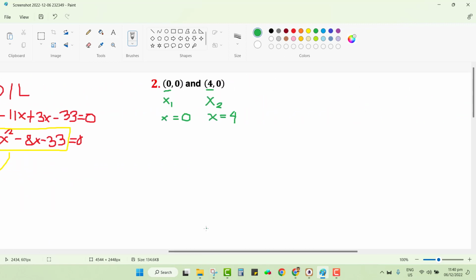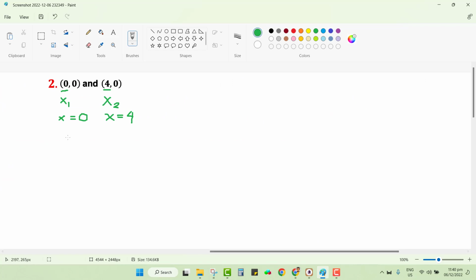Here, since the first value of x is already 0, and no matter how you move this to the other side, it will still be 0, this is already your first form. The second form is actually x, and when 4 is transferred to the left-hand side, we'll have minus 4 equal to 0.